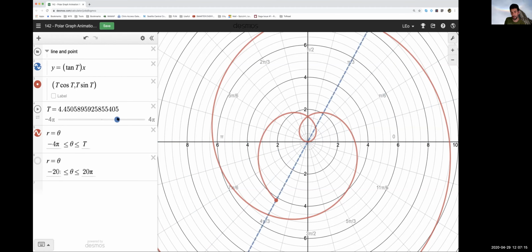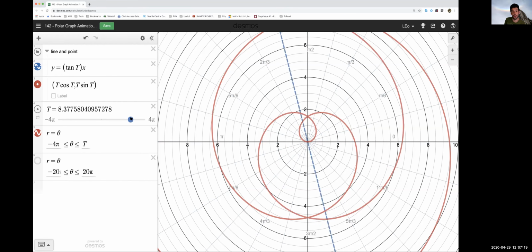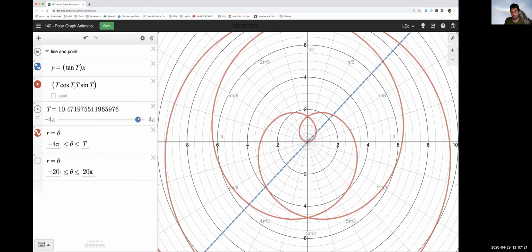And as I keep spinning, the angle is getting larger and larger, and so the point is getting further and further away. So we get this spiraling effect. And this is a picture of that graph, of that equation, r equals theta. That's a pretty different kind of graph than we're used to seeing in Cartesian coordinates.